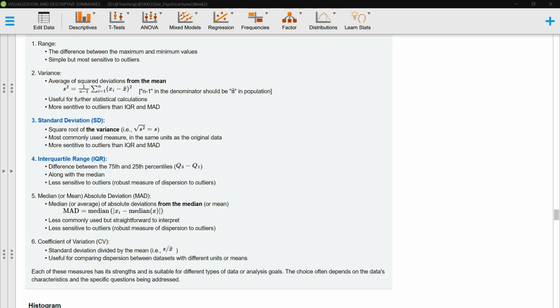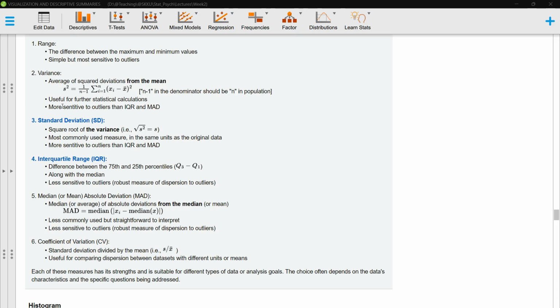We will talk about this later. So for now, the most widely used formula for the calculation of the variance has n minus 1 in the denominator. But in the case of the population, it should be n instead of n minus 1.